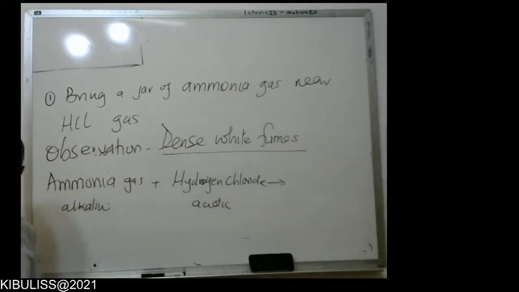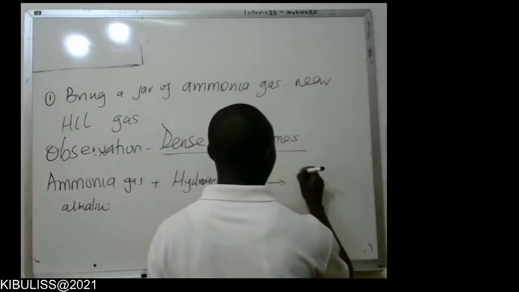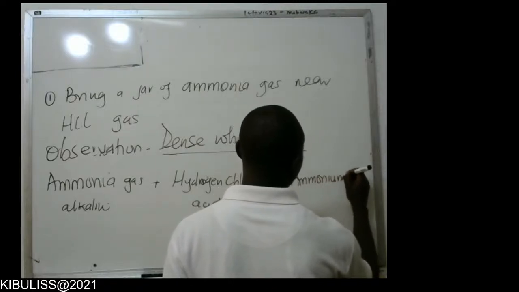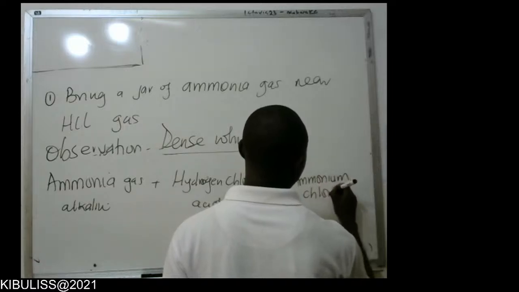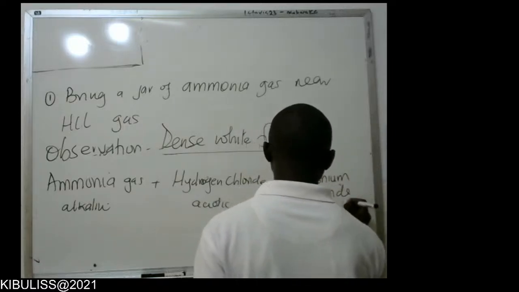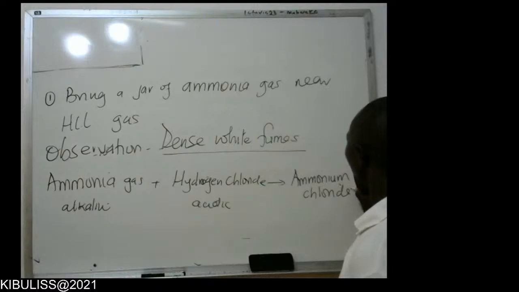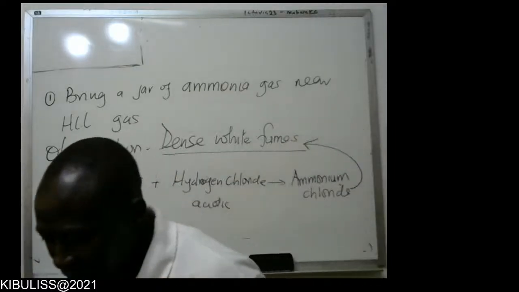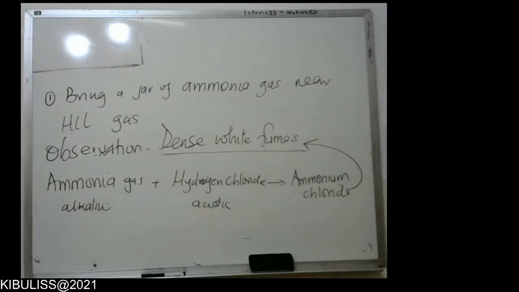The two immediately react with one another to form a compound called ammonium chloride. Ammonium chloride is a compound seen as white fumes, very tiny particles that are suspended in air.